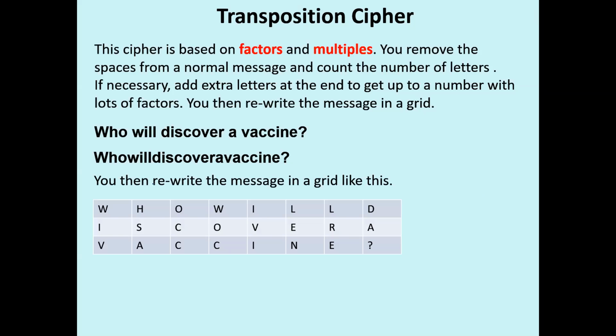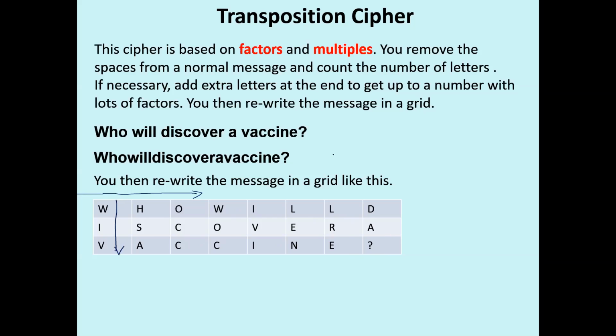When you're encoding, you do your 8 by 3 table and write the message along in this direction. You can see here as we go along, who will discover a vaccine? So you're reading it along, okay? Makes sense so far. To encode it, what you do then is you go down the columns vertically.